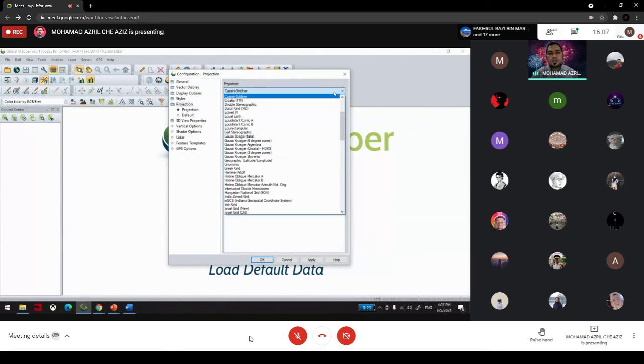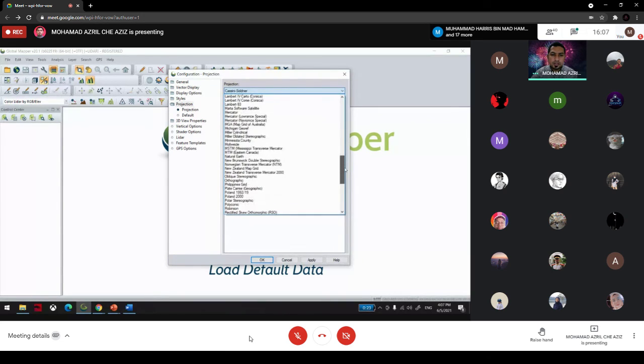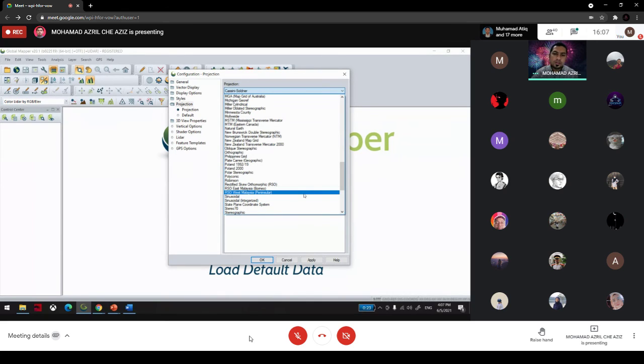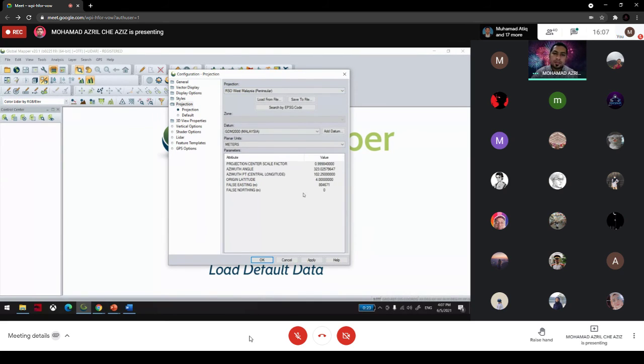Other than that, if you use it for engineering, you need to set it as RSO. Here they have the attributes, the information regarding the datum you choose.